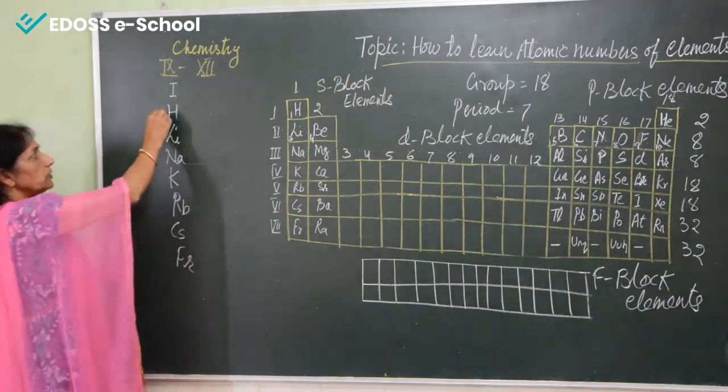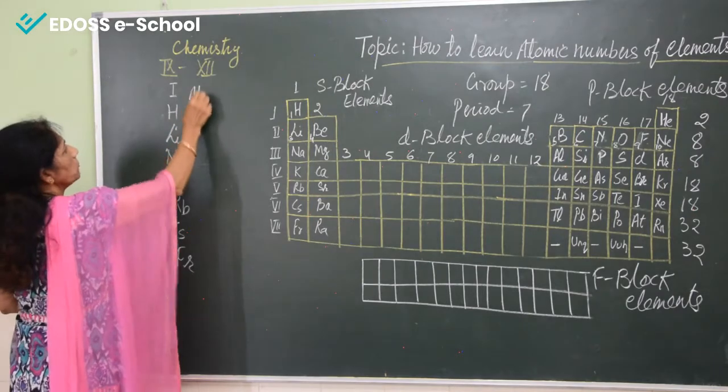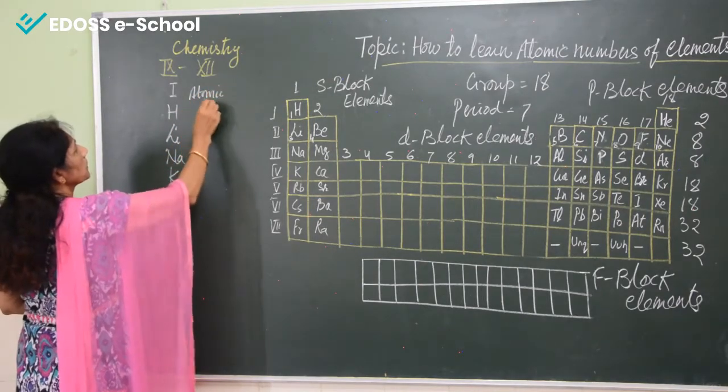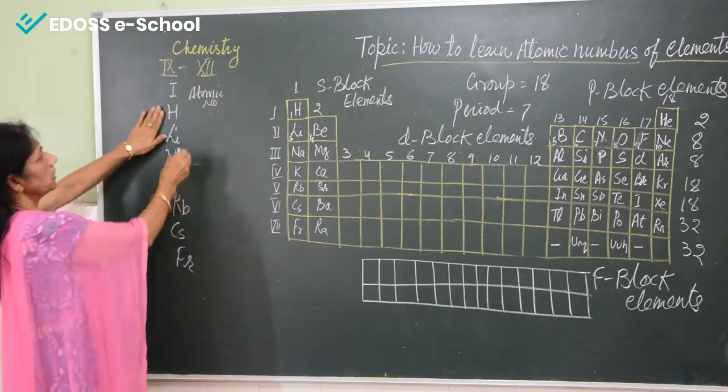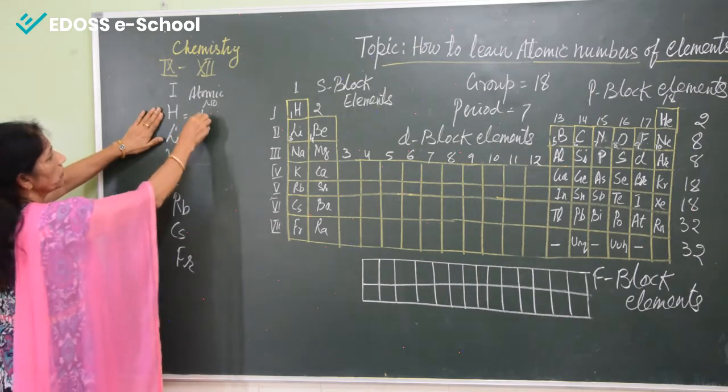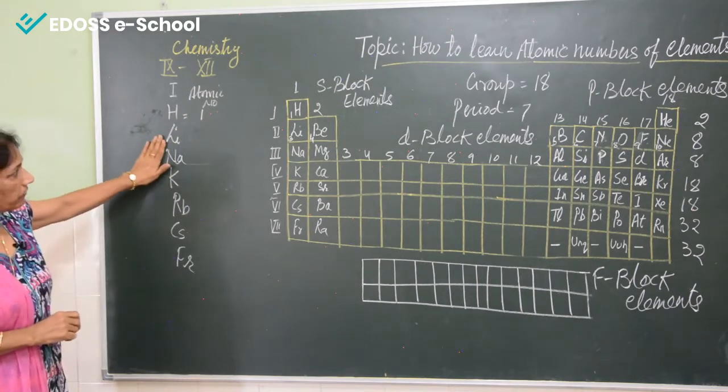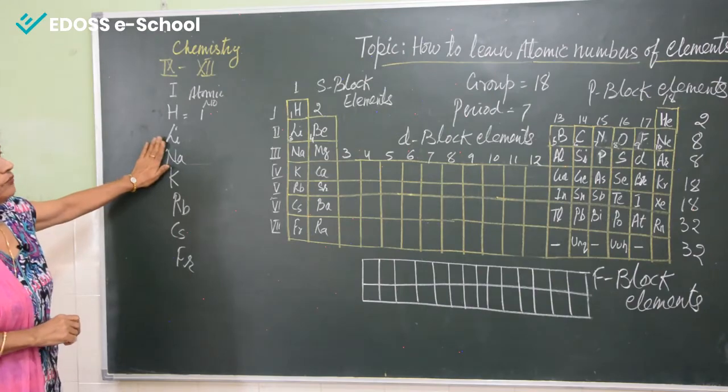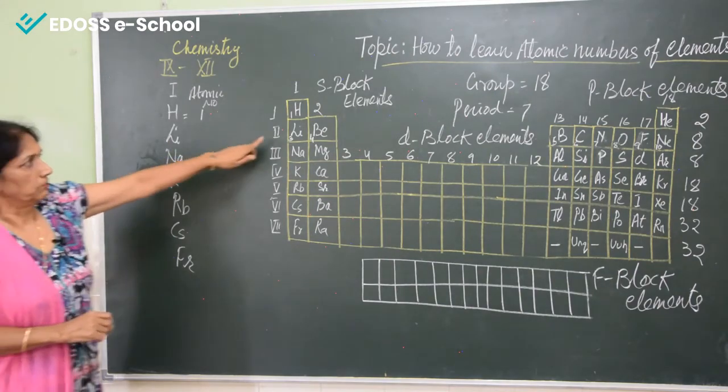Now I am writing the atomic numbers. The atomic number of hydrogen is 1. Now I have to find the atomic number of lithium.